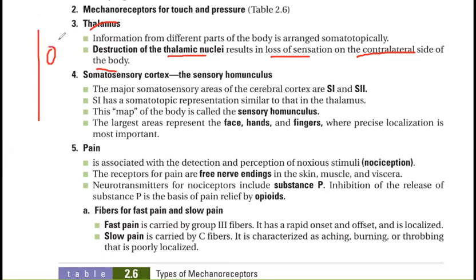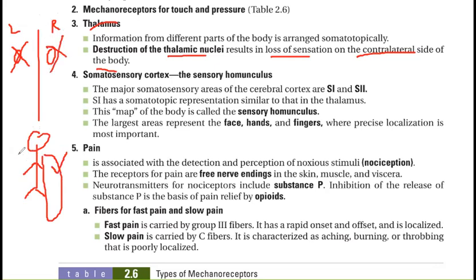This is your right thalamus, and this is your left thalamus, and this is your little person. If your left thalamus is destroyed, you will see features on the right side of your body. Okay, contralateral effects.